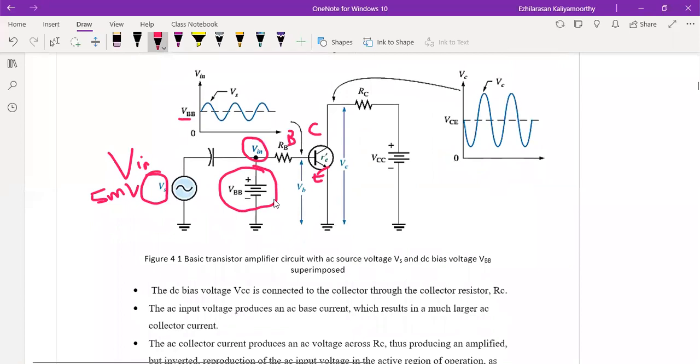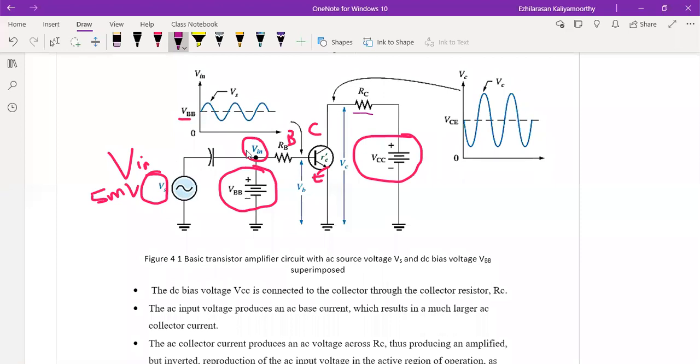Now the DC bias voltage VCC is connected to the collector terminal through the collector resistance RC. The AC input voltage will produce an AC base current, because I connected the AC source.